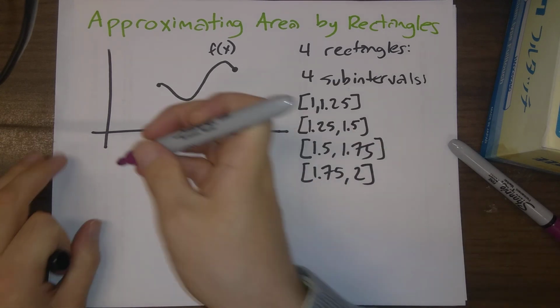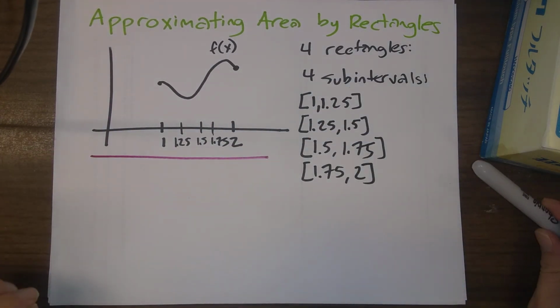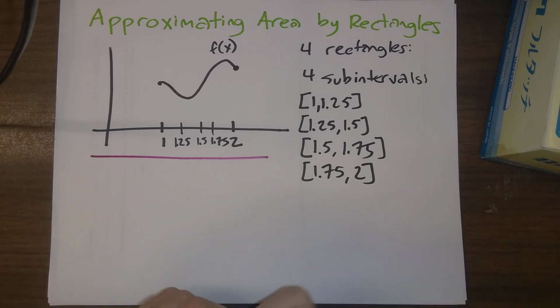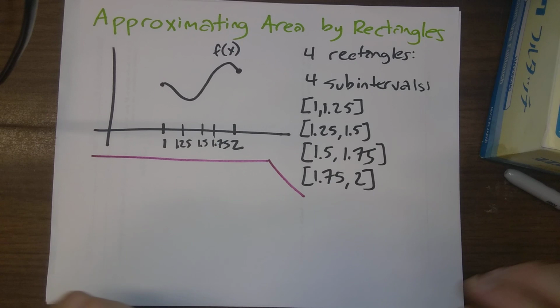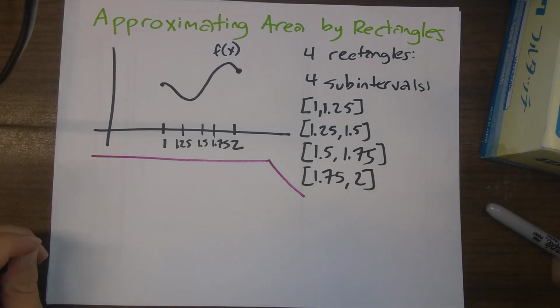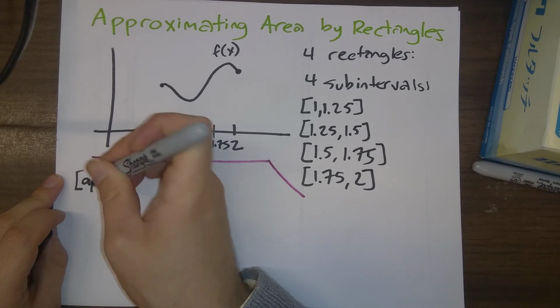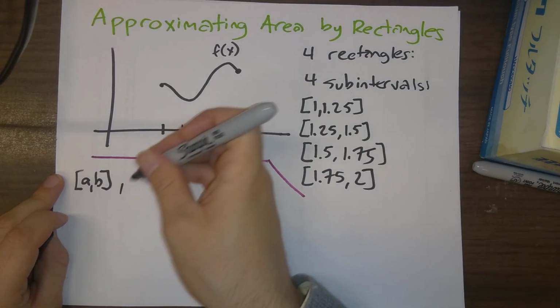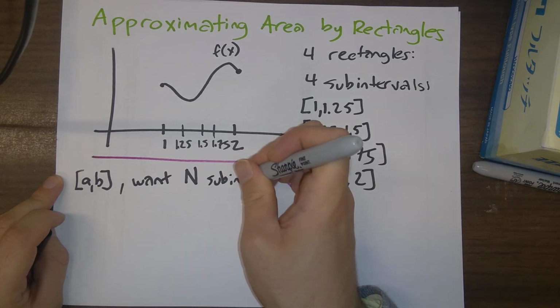At this point, I think it's worth noting that the textbook presents a general formula for how to determine the endpoints of the subintervals. So suppose that our overall interval is a to b, and we want capital N subintervals.